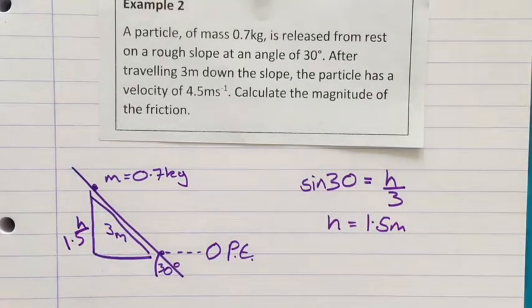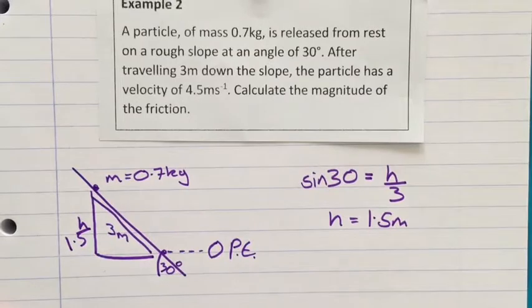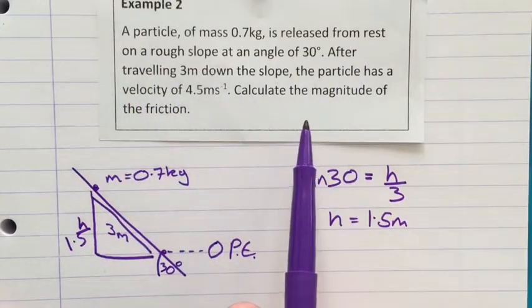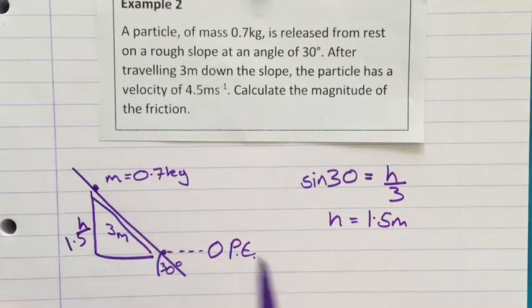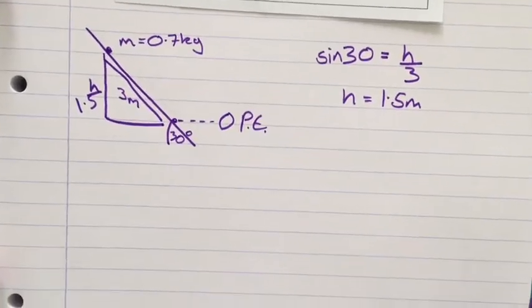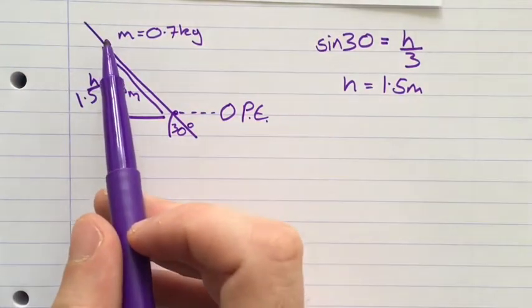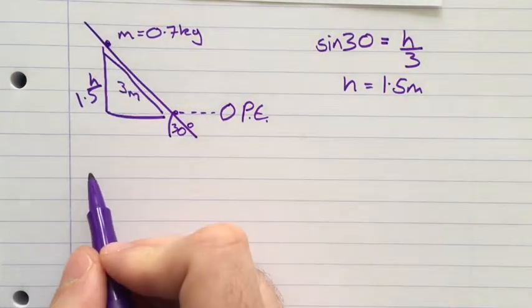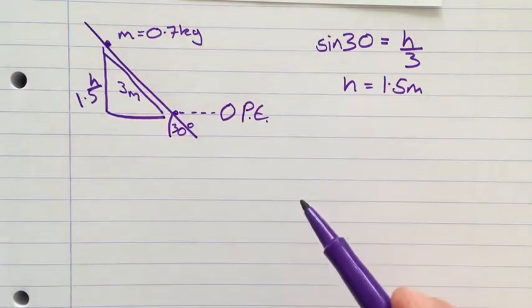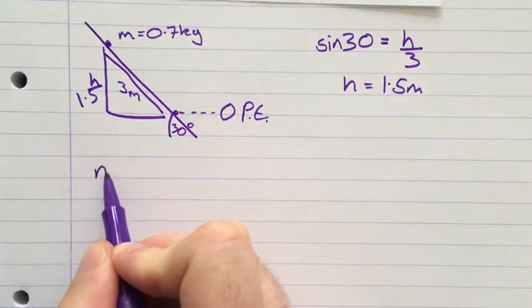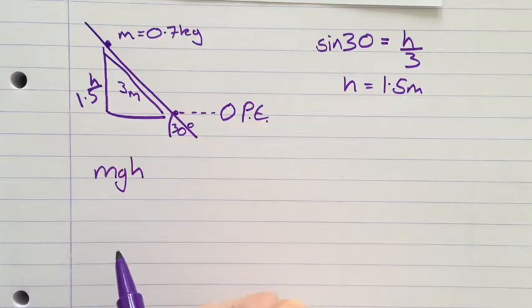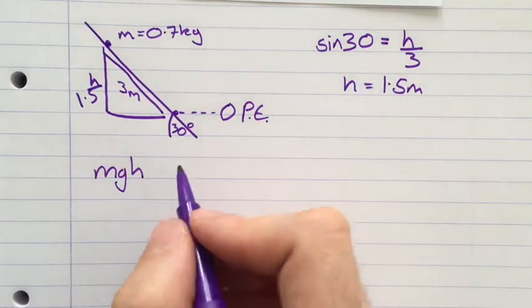Now, we've got no work being put into this system. There's no reference to any work going in. We do have some friction, so there is work being done. So let's set up our equation again so we can work through this. Our initial energy at the start, we have no velocity because it's released from rest, so we have mgh is all that we've got going in.